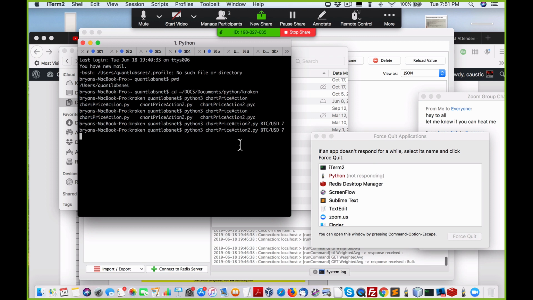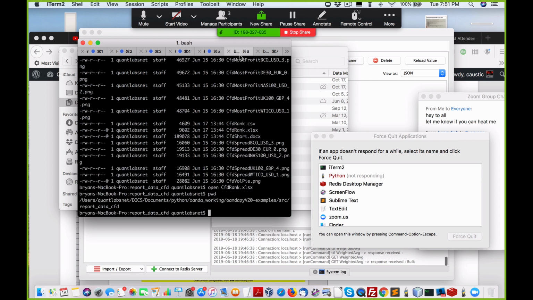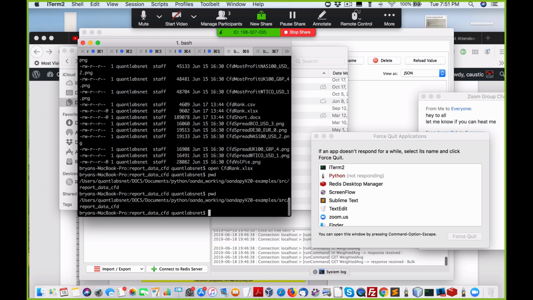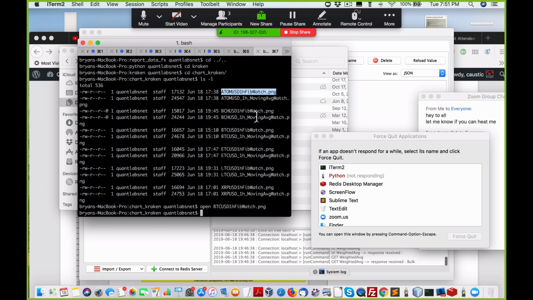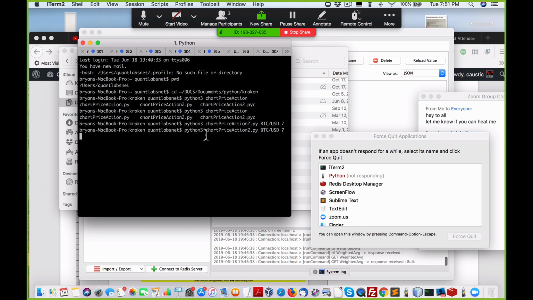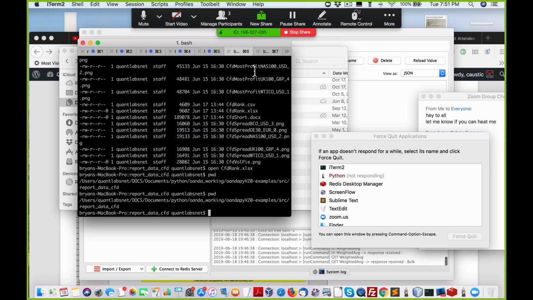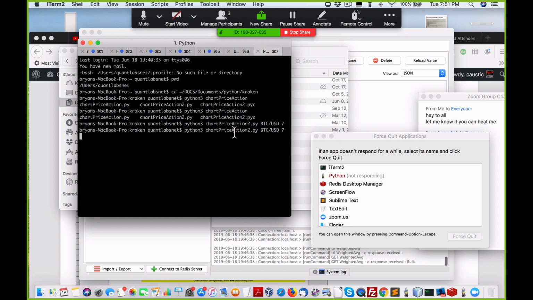So I'll generate some new Fibonacci charts here. Might take a bit of time. Okay. Life of a programmer running multiple things on a little bitty MacBook.